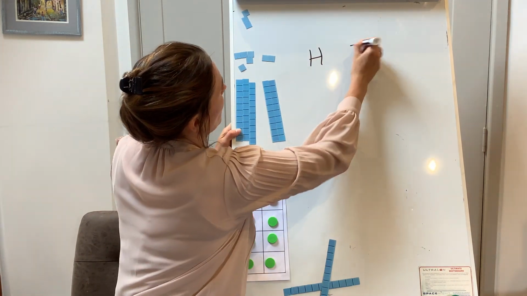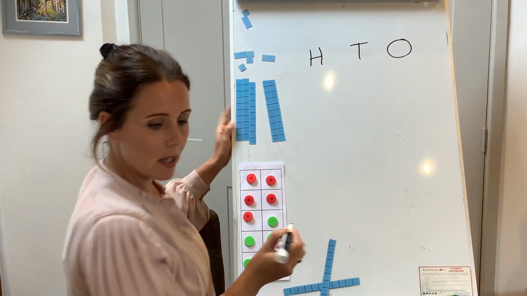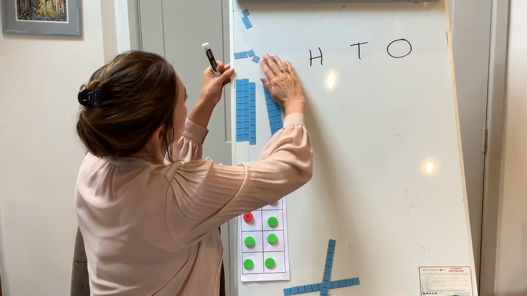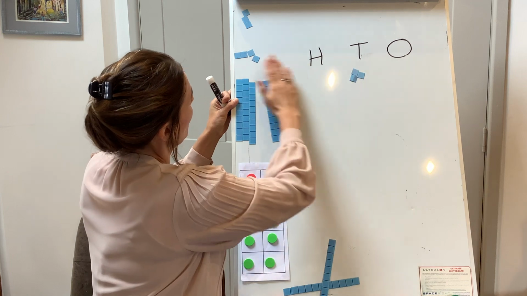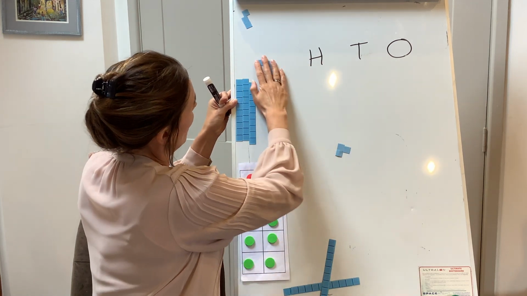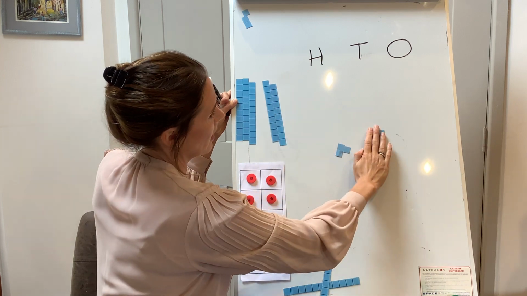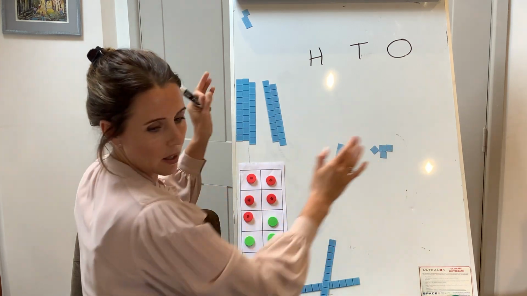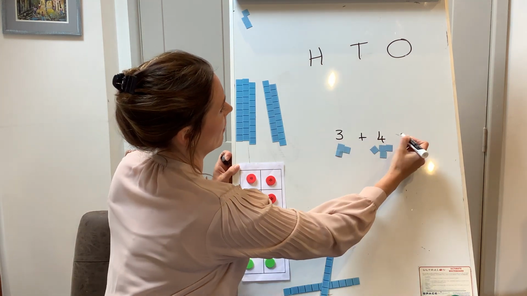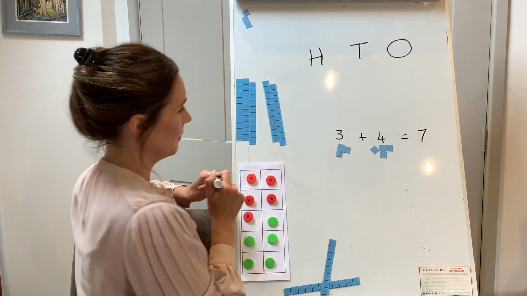So I'm going to put in hundreds, tens and ones. I'm going to use my counters. I've got 3 here, this is the problem. 3 and 4 is equal to 7.